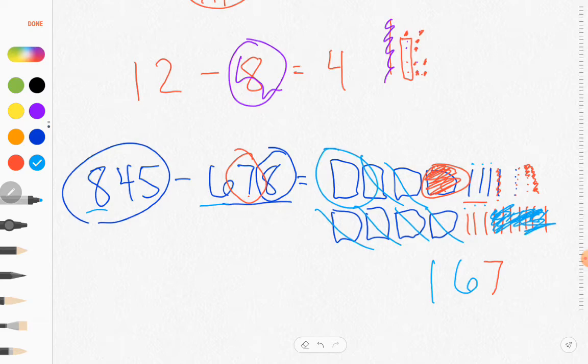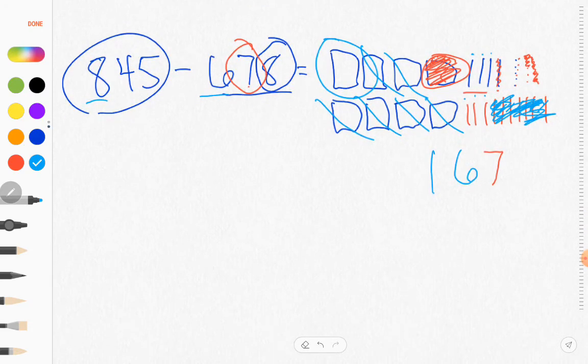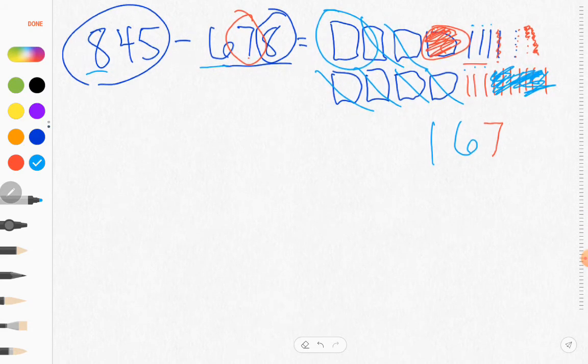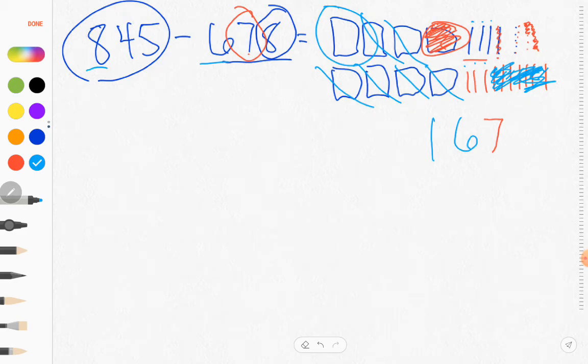Now, this is not the only way you can solve these problems, but this might be a good refresher for some of the students that are a little uncomfortable with taking the 845 and the 678.